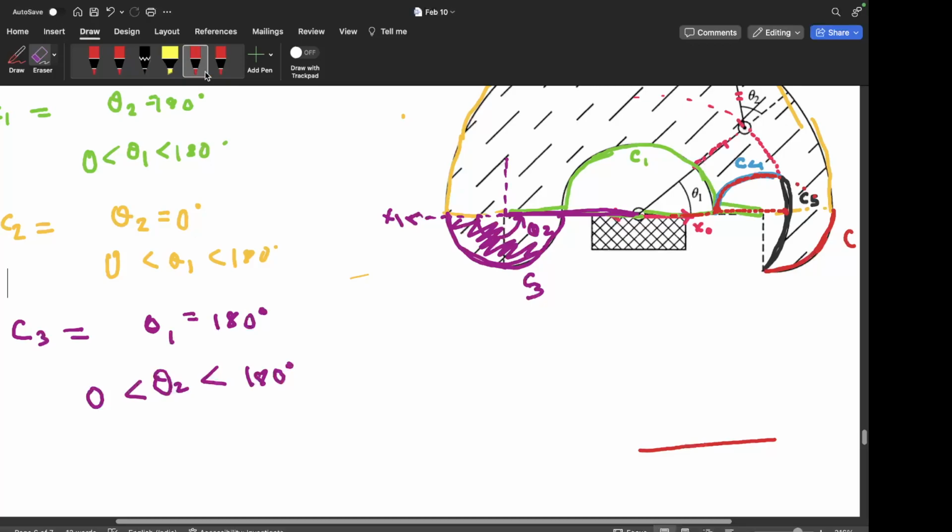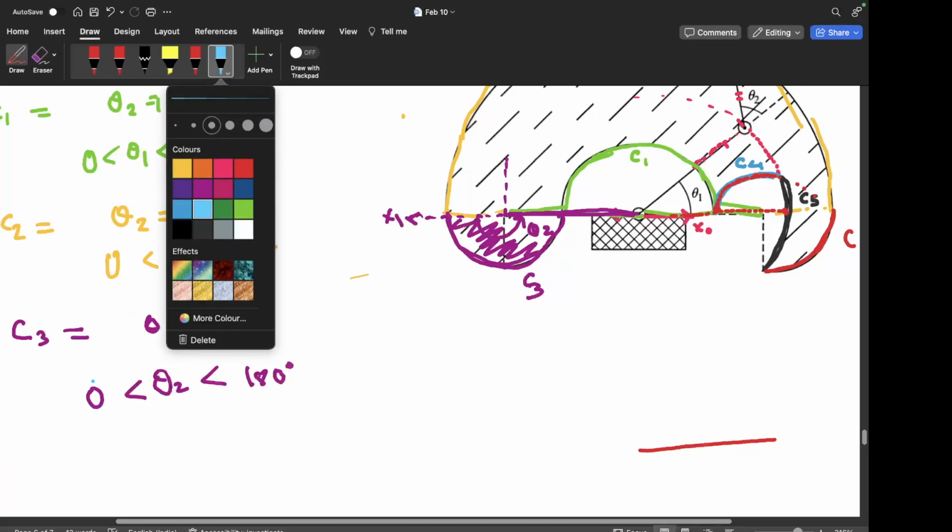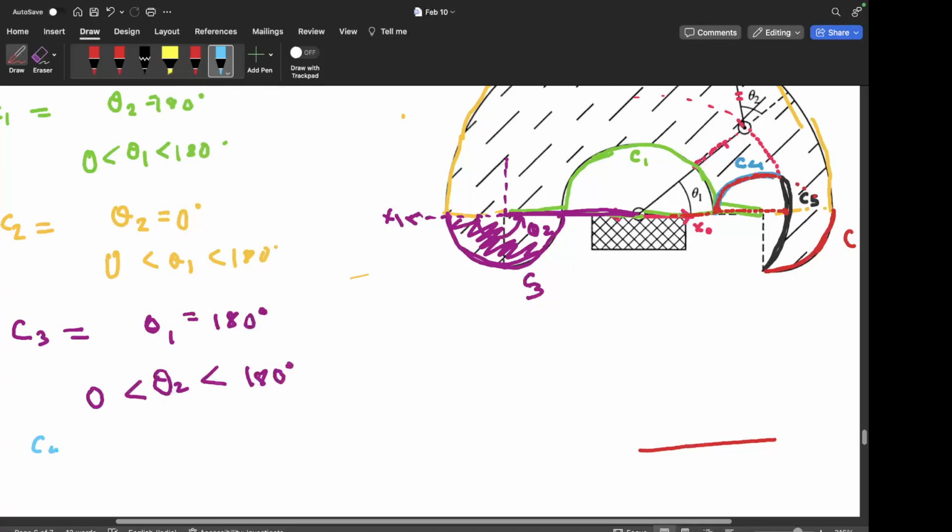Okay, thanks for the confirmation. So C4 is when theta 1 is 0 and theta 2 varies from 180 to some theta. I cannot say entirely which. I think it will be some theta.